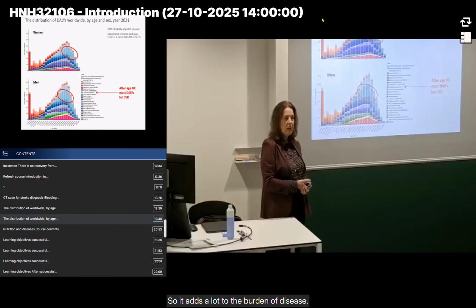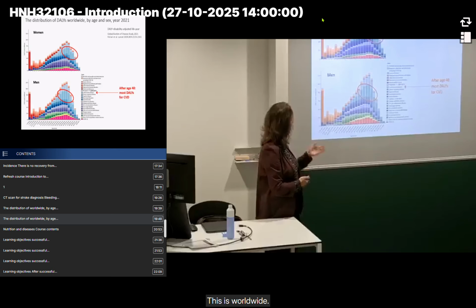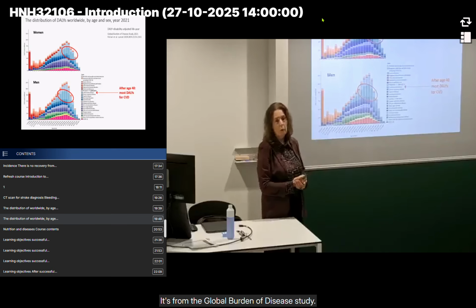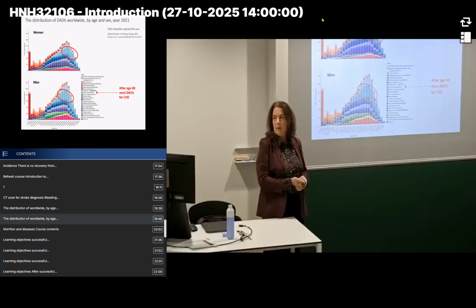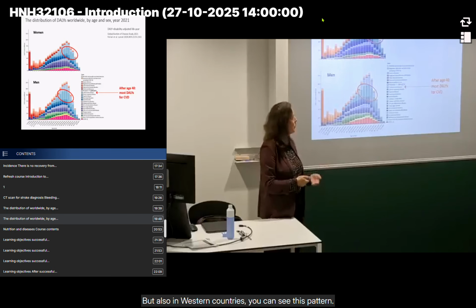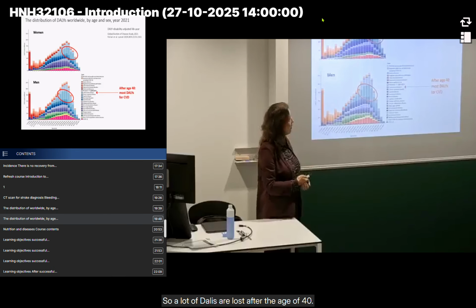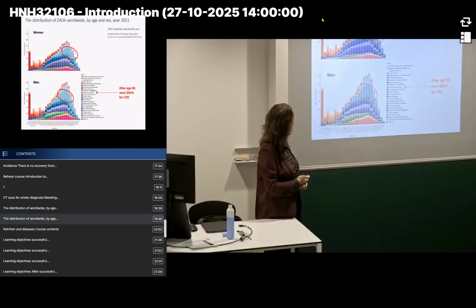So it adds a lot to the burden of disease. This is worldwide, from the Global Burden of Disease study, but also in Western countries you can see this pattern. So a lot of DALYs are lost after the age of 40.